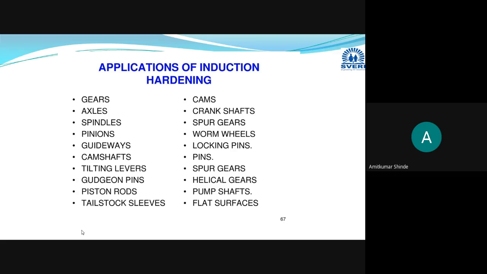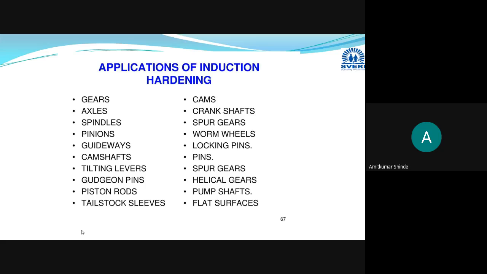I have highlighted the list of the components here. Some names are common from the previous slides. Gears, axles, camshaft, crankshafts, then spindles, pinions, piston rods, spur gears, pins, worm wheels.